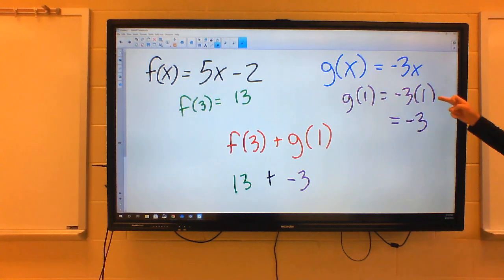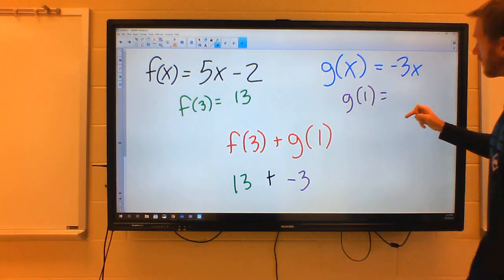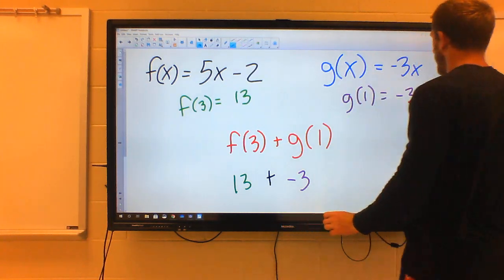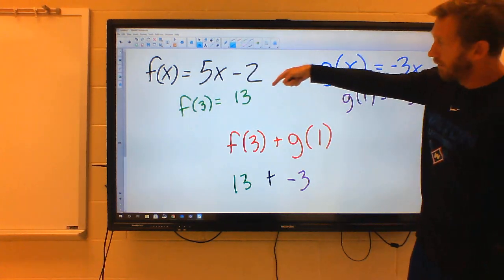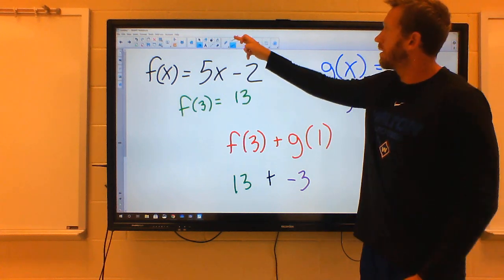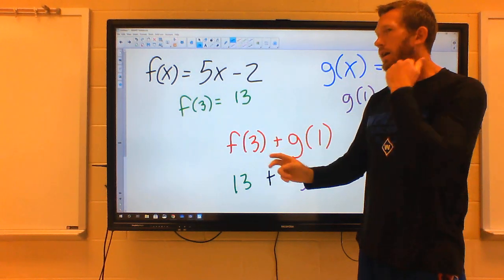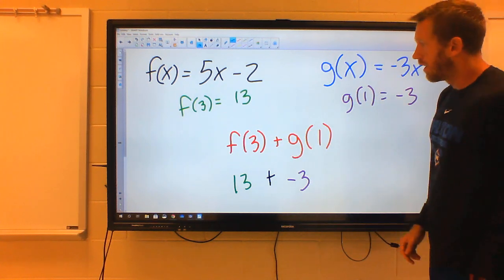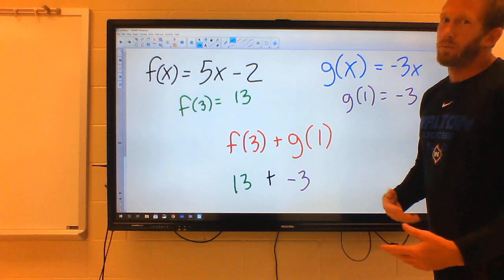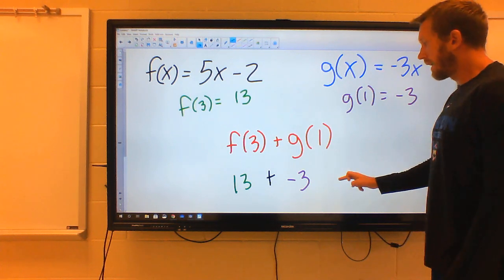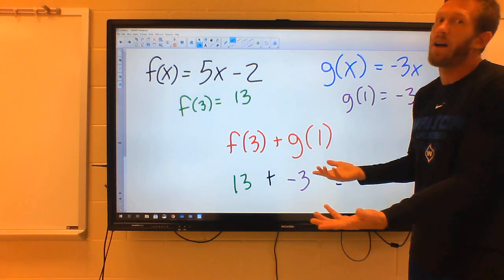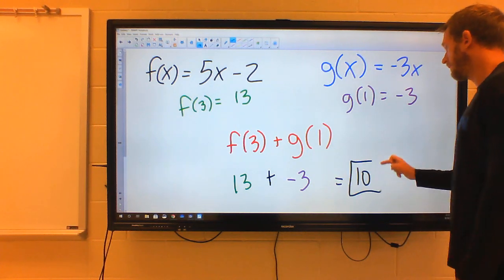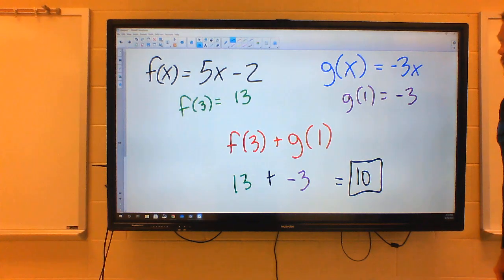So if I'm summarizing, g of 1 we said was negative 3. This is the function notation. When I'm providing an algebraic expression between multiple functions like this, or multiple operations, I don't really need to write my answer in function notation at the end. I just need to find out and evaluate what that numeric value is. 13 plus negative 3 is 10. Okay.